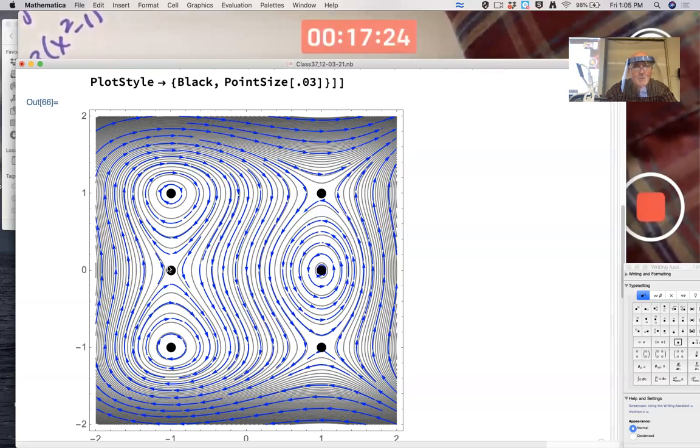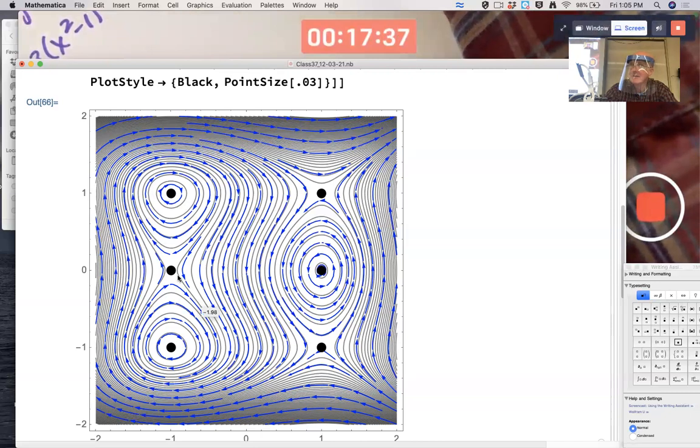Same kind of thing over here. A solution approaching this point as t goes to plus infinity is going to approach it also as t goes to minus infinity, coming back this way. That doesn't typically happen, but it's happening for Hamiltonian systems. These two would be saddle points as well.